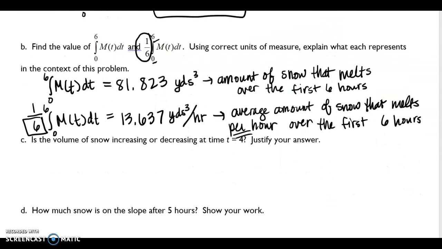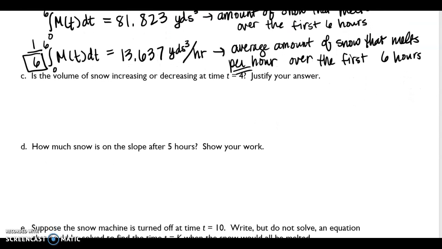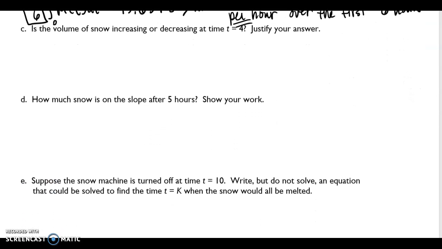Okay, C asks, is the volume of snow increasing or decreasing at time t equals 4? So you can think about, is my derivative positive or negative? The rate of change of the volume of snow is the rate that snow is being added, S of t, minus the rate that it's melting, M of t.